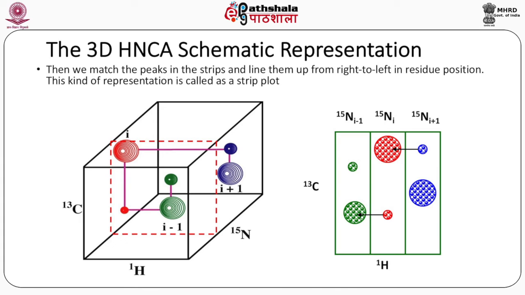Then this weak red peak leads you to the green peak, and this green peak has coordinates Hi minus 1, Ni minus 1 and C alpha i minus 1, but then it leads to a weaker peak which has coordinates Hi minus 1, Ni minus 1 and C13 alpha i minus 2, and that is how we make the sequential assignment or sequential walk through these various strips.